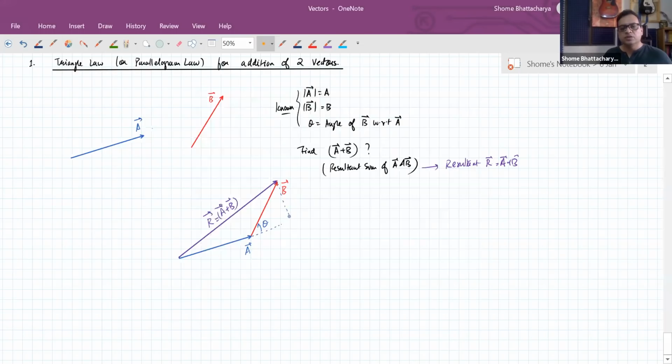So you can look it up from a reference book, but it's very easy to trigonometrically derive this using a right angle triangle like this.